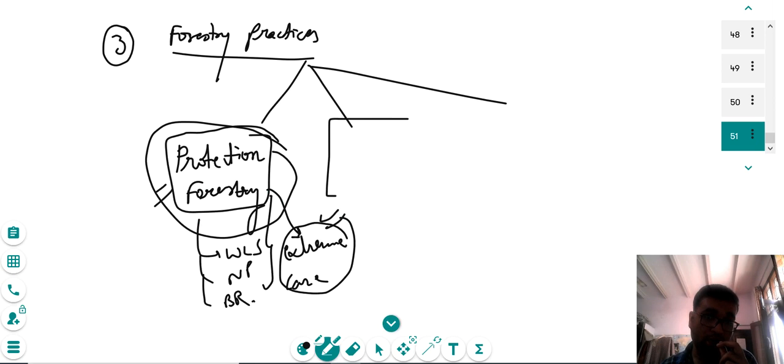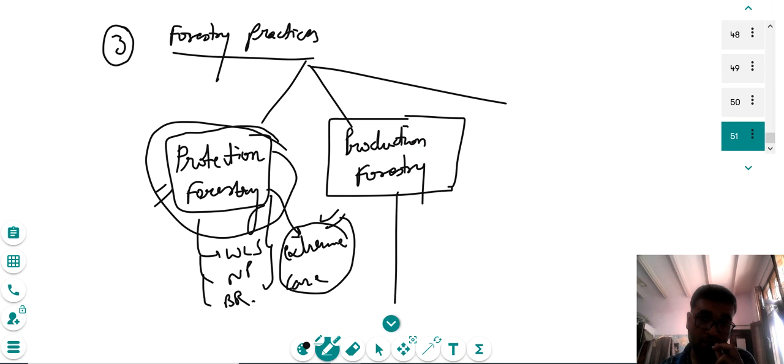The second type of forestry that we can practice is production forestry. In production forestry, we use the forest products in a sustainable manner.